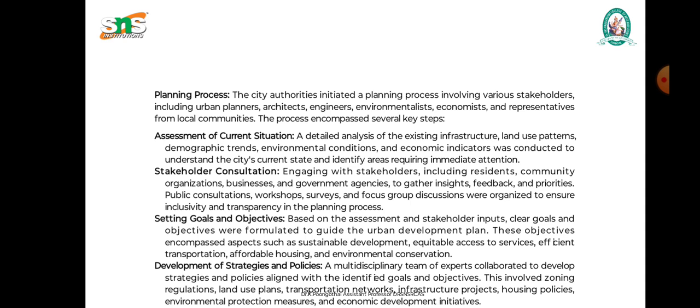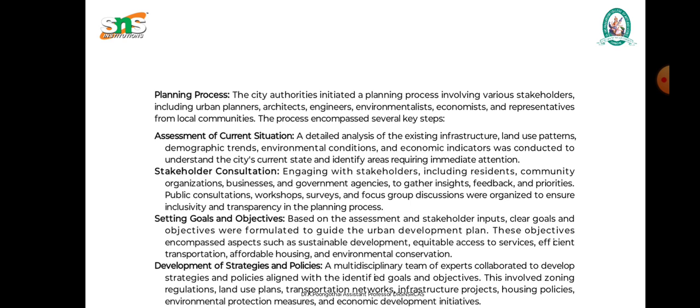The next thing is integration and coordination. Here it ensures coordinating and integrating cross-sectoral and departmental involvement in urban domains such as transportation, housing, economic development, and safety. Cross-sectoral collaboration was essential to avoid a siloed approach and maximize synergy.